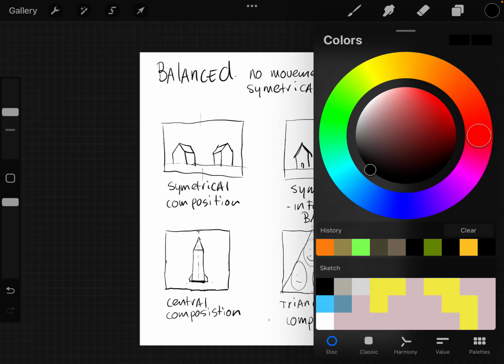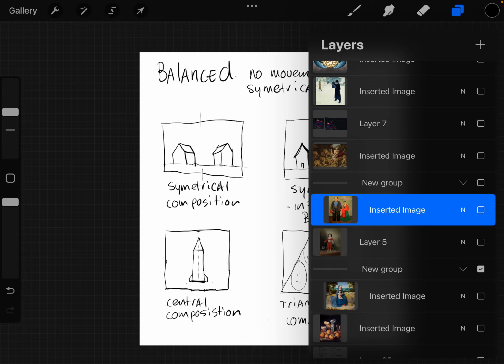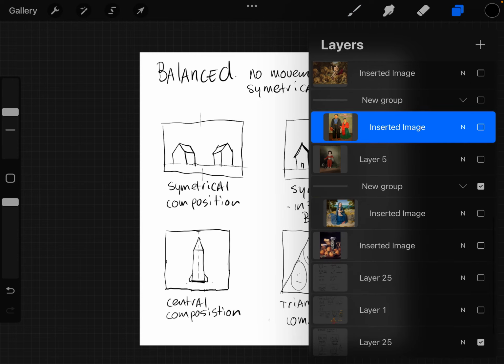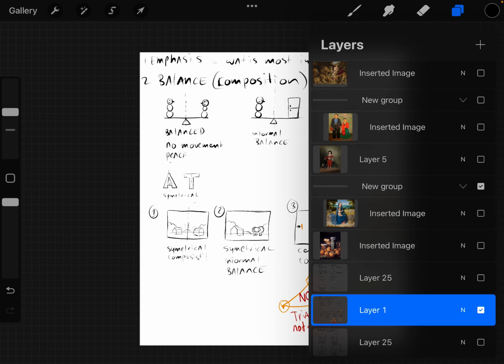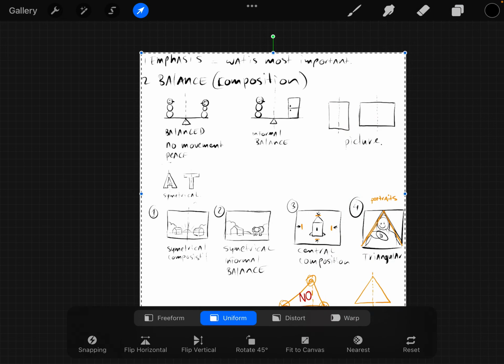Cool. Okay, so let's look next at some unbalanced compositions, because those ones are a lot of fun. Here we go. If you want to create a little bit of movement, then I strongly advise you to use a composition that is unbalanced.